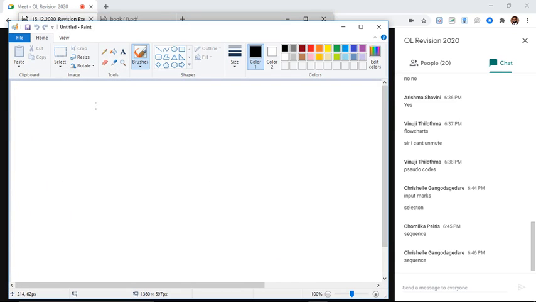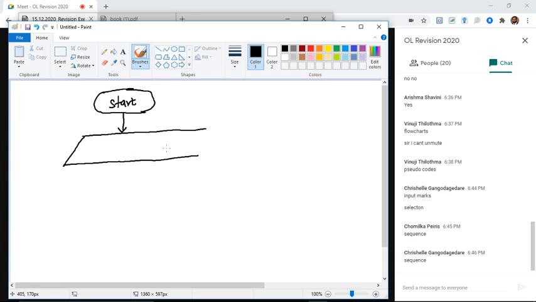I'll draw here. They are asking to input two numbers. So you have to use this symbol, which you use for start and stop. So I'll start. Then we have to input two numbers, right? So I'm using this parallelogram. Input two numbers.